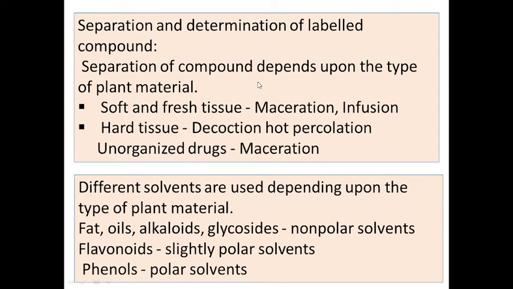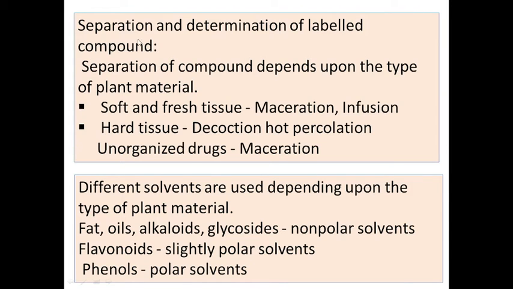Now, hot percolation or percolation method. In case of percolation, percolators are used. The percolator is an instrument in which the drug is packed. It is a V-shaped vessel. Before packing, the drug is imbibed with the solvent for a period of 1 to 2 hours.